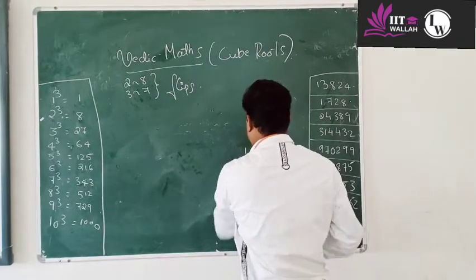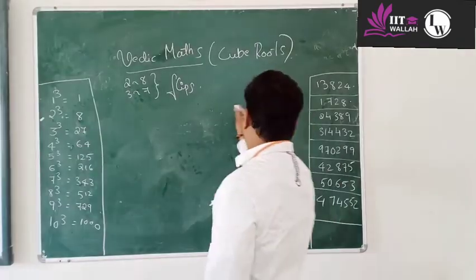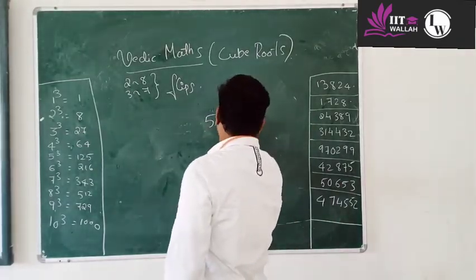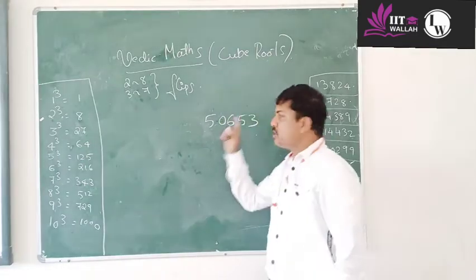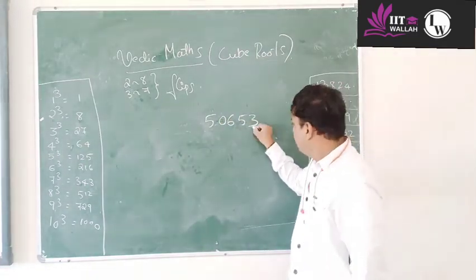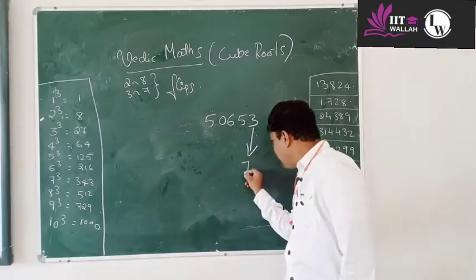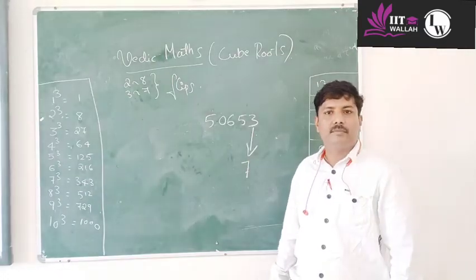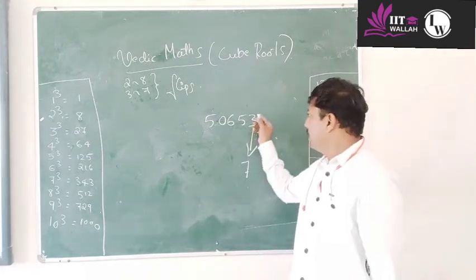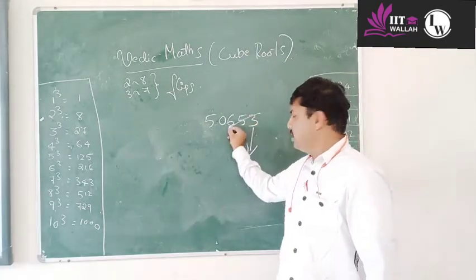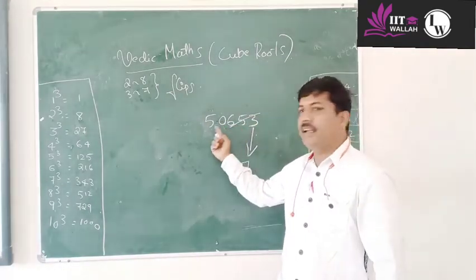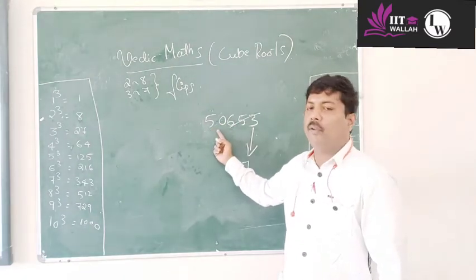For example, 50653. The last digit is 3, so the last digit of its cube root would be 7. Is it clear? Cut the first 3 digits. The remaining is 50. 50 is not a perfect cube.